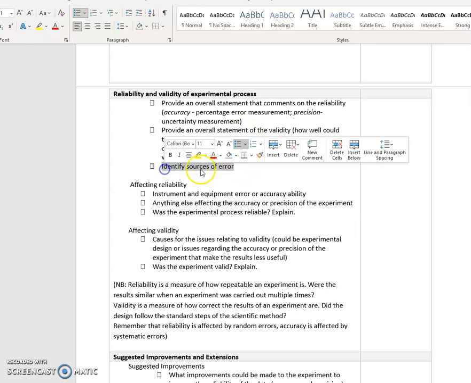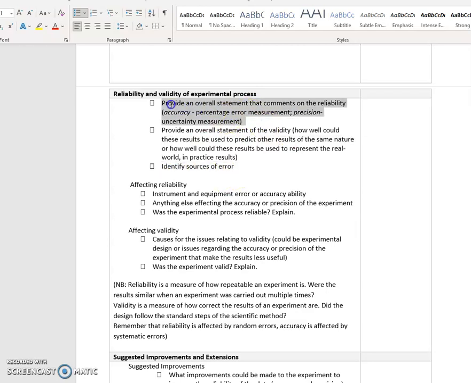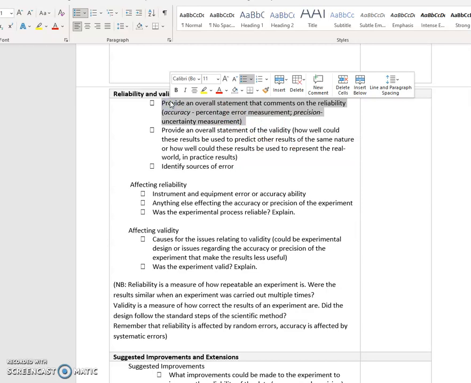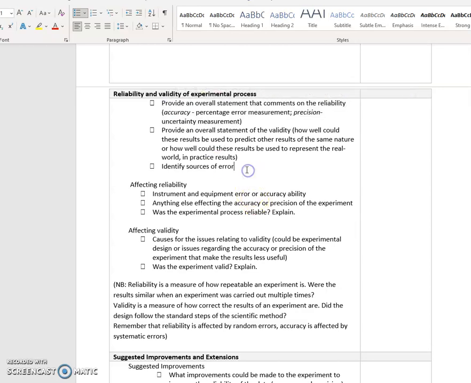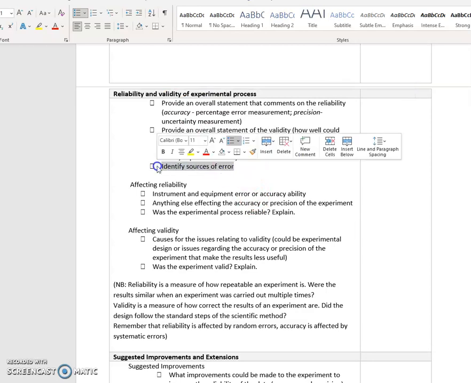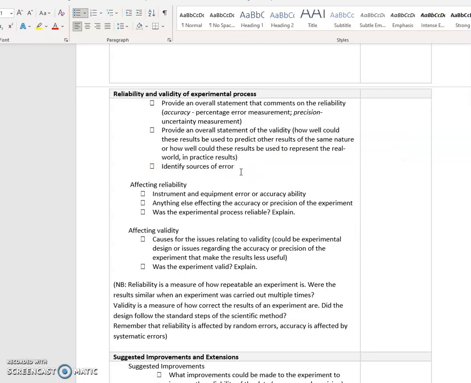We're going to identify the sources of error after we've made that statement. So the first thing, make that overall statement about how reliable the data was, and then we're going to state what are the exact errors that could have occurred to make those amount of absolute uncertainty, percentage uncertainty so high.